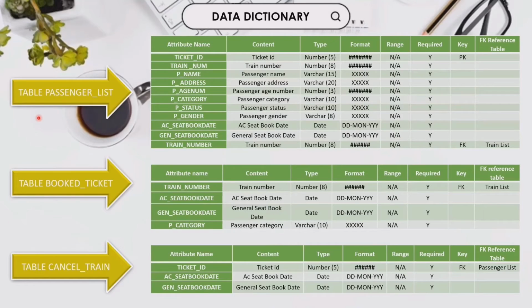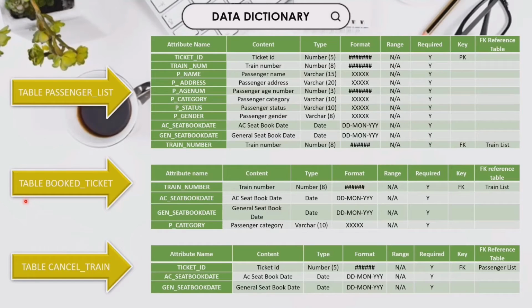Third is the table passenger list, which consists of 11 attributes and contains a primary key, which is ticket ID, and also a foreign key, which is train number, from the table train list.